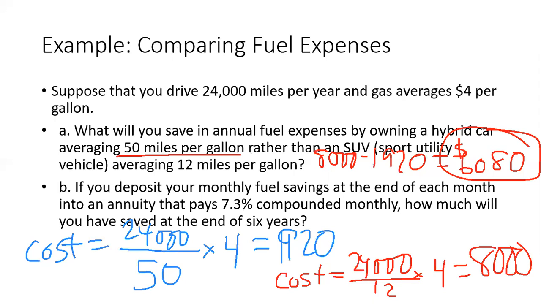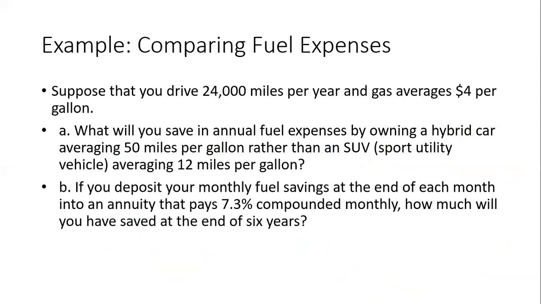Okay, B. If you deposit your monthly fuel savings at the end of each month into an annuity that pays 7.3% compounded monthly, how much will you save at the end of 6 years? Okay, so into an annuity.